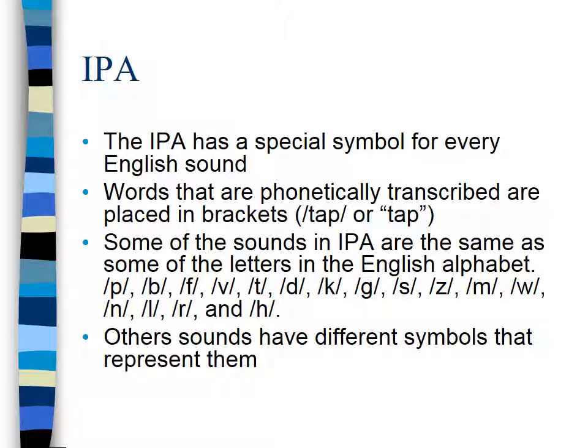For example, we have the p, b, f, v, t, d, k, g, s, z, m, w, n, and h all right there on your keyboard, and those are all phonetic symbols. Other sounds have different symbols that represent them, and we have other ways of including those symbols in our transcriptions.